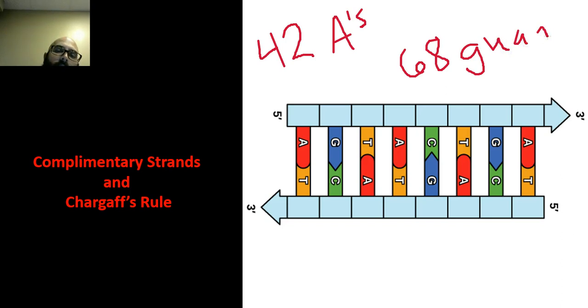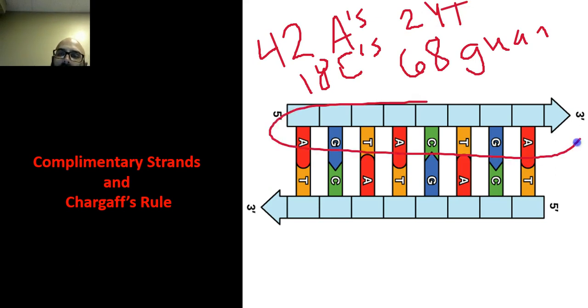And it has 18 cytosines. And I don't know, let's go with 24 thymines. Let's say that's just this strand right here. If I asked you how many of every nucleotide is on the complementary strand, could you tell me?